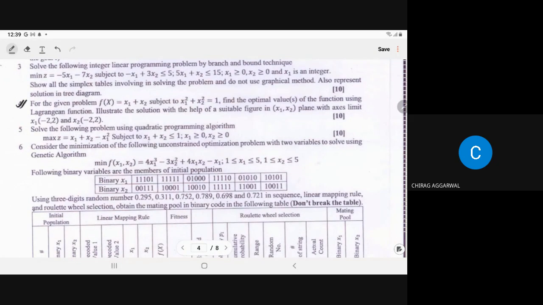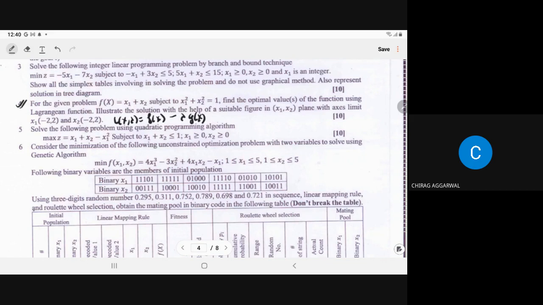Let us see question number 4. The rest of the questions you can do. For the given problem, f(x) is equal to x1 plus x2, subject to x1 square plus x2 square is equal to 1. Find the optimal value of the function using the Lagrangian function. So what is the Lagrangian function? L of x, lambda is equal to f(x) minus lambda g(x).